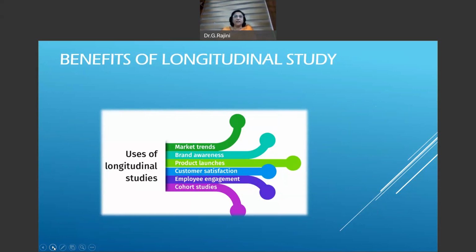But we have got some benefits of longitudinal study. We can use it to find out the market trend, and to find out the brand awareness during the product launch, to find out the customer satisfaction, employee engagement, and cohort studies as well.